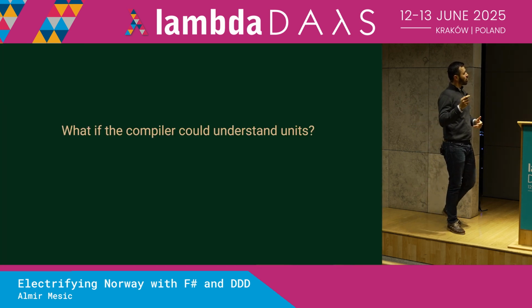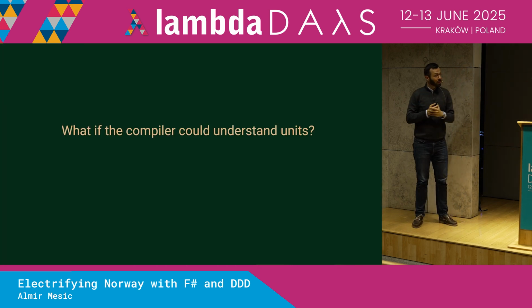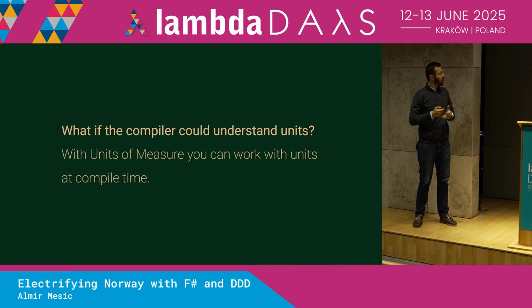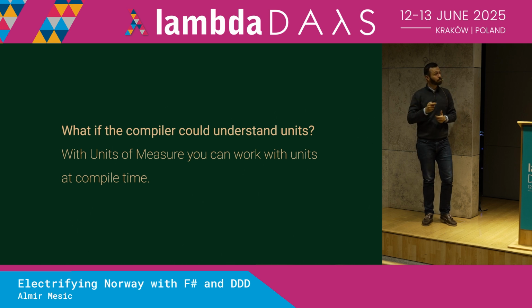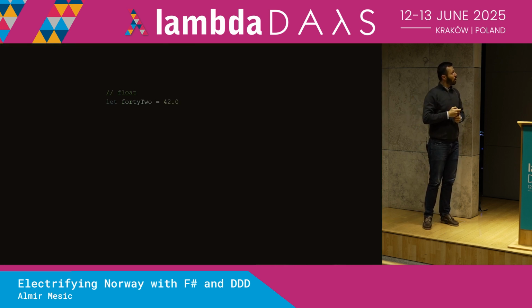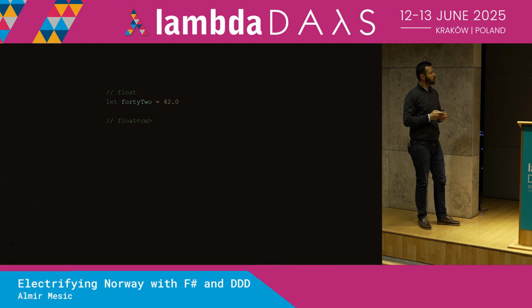So units of measure. What if the compiler could understand units? With units of measure, you can work with units at compile time. So let's start with the most basic, right? We have a floating number 42. And by using this notation, we can add a unit. So in this case, it's 42 centimeters.